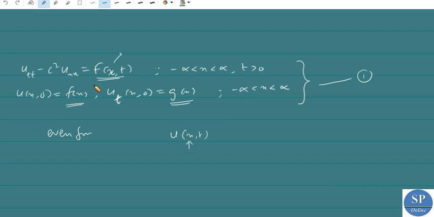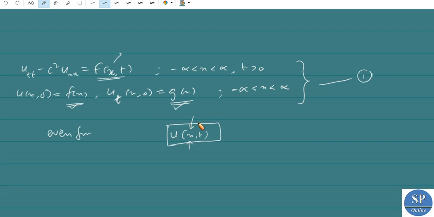That is, if the initial data f of x and g of x, and this external force are even functions, then the solution is also an even function with respect to x.